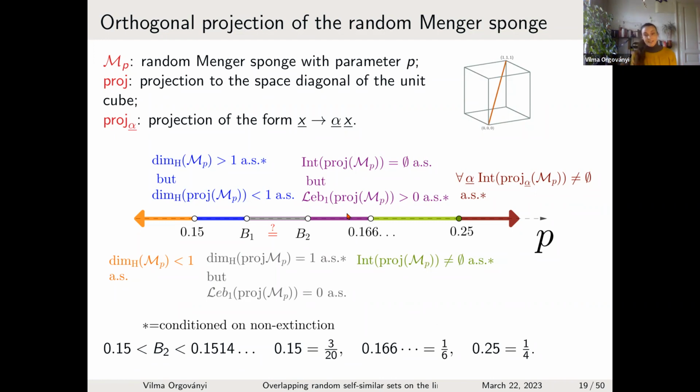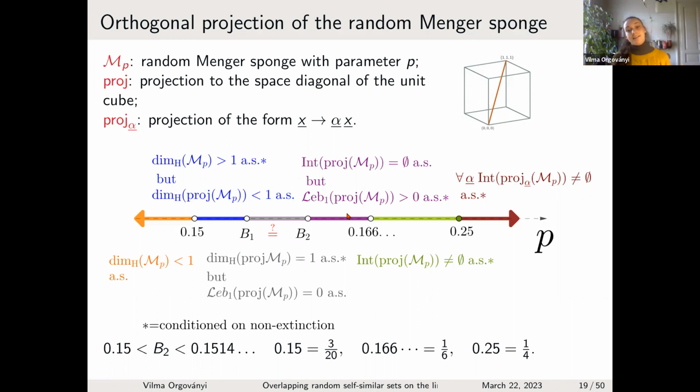And this is where the Lebesgue measure of the projection is already positive, almost surely conditioned on non-extinction, but the projection does not contain an interval, almost surely. This is interesting because in the deterministic case on the line, we don't know whether a self-similar set with this property exists or not.